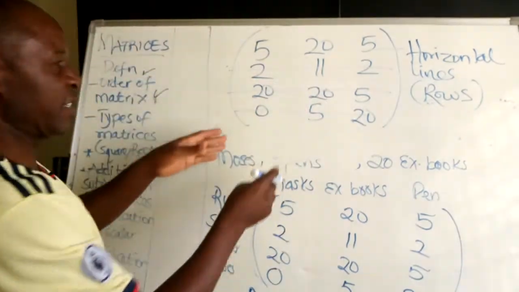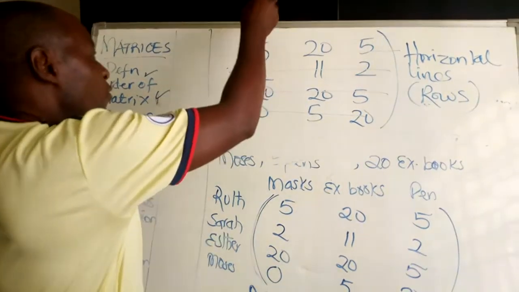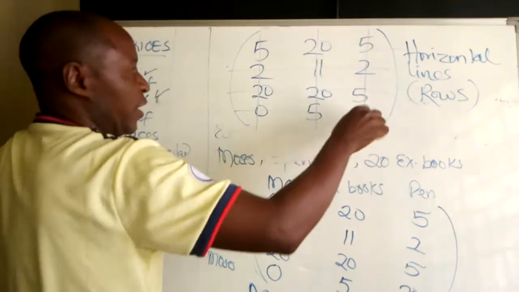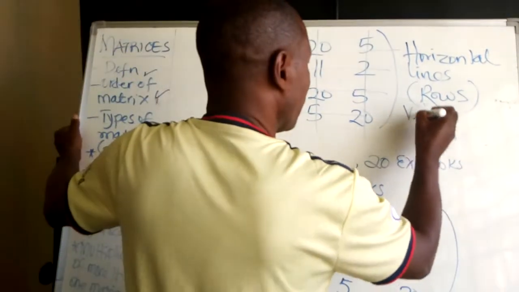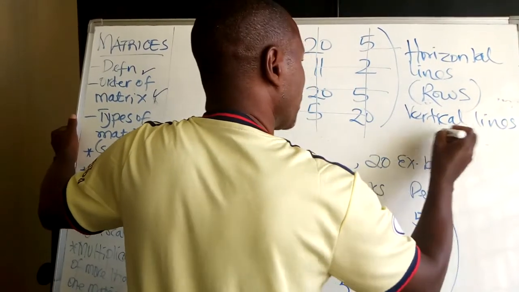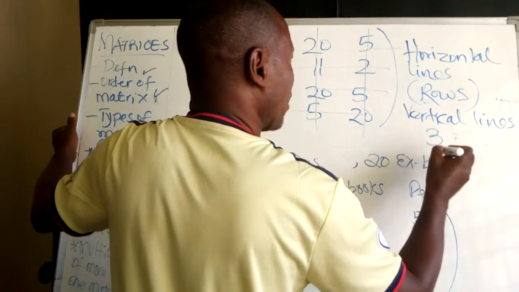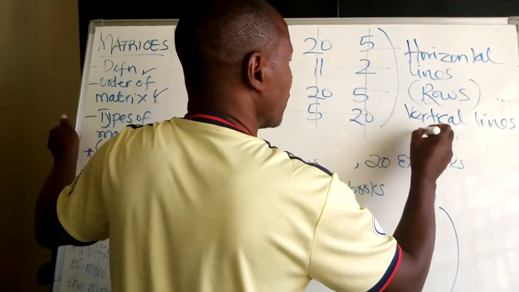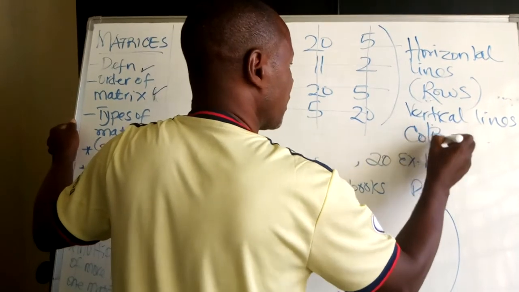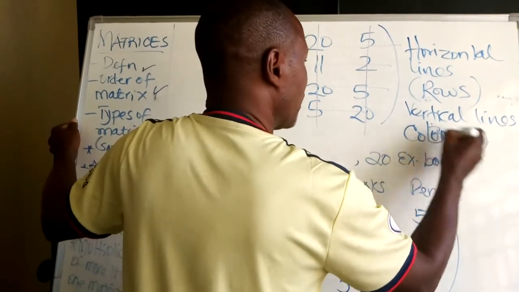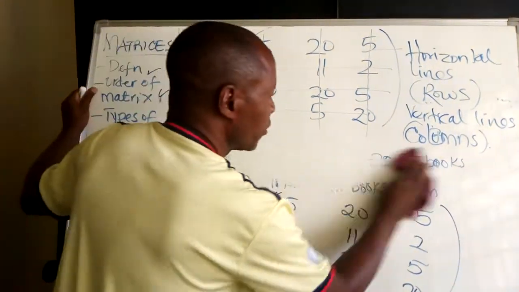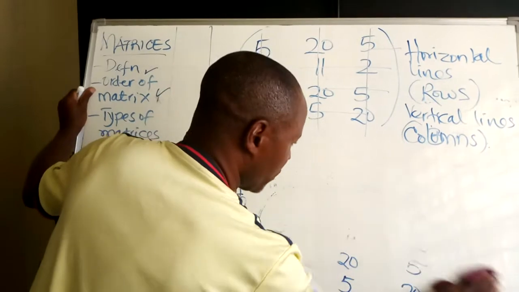And the same matrix has vertical lines, 1, 2, 3. It has 3 vertical lines, and we call them columns. So the horizontal lines are called rows, the vertical lines are called columns.